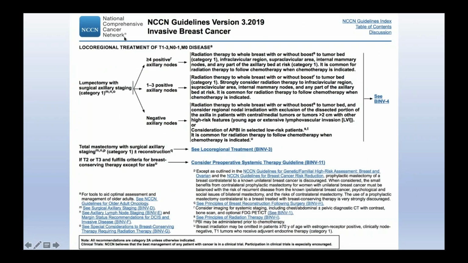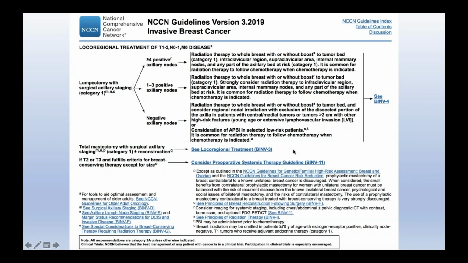These NCCN guidelines also issue treatment guidelines. This is just one screenshot here, and this is exactly what gets discussed at our tumor boards. Okay, where does this patient fall into the matrix here based on their TNM score, and what are the treatment options for that patient?